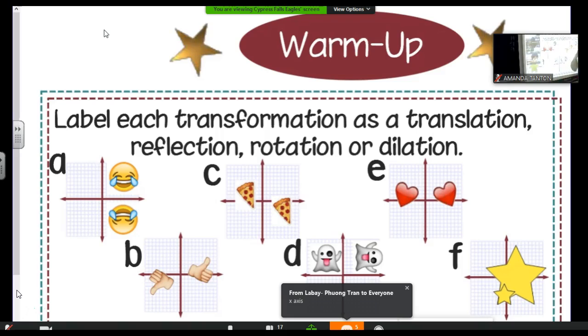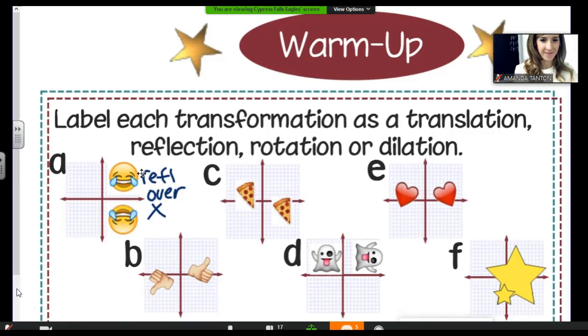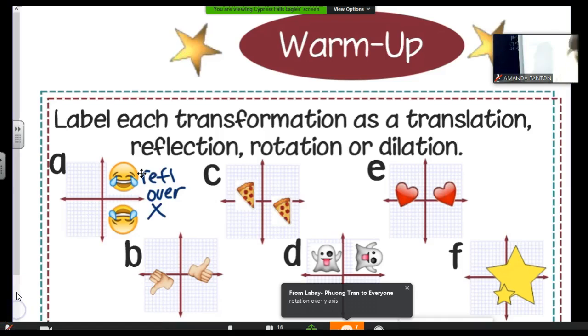So, what about B? Lines. Awesome. B is a rotation. And we talked about being 180 degrees. Very good. What about C?